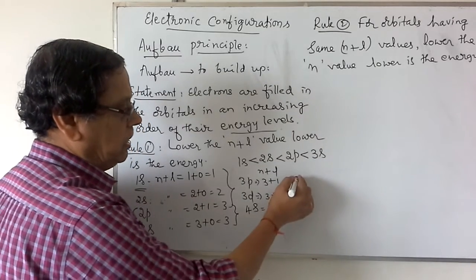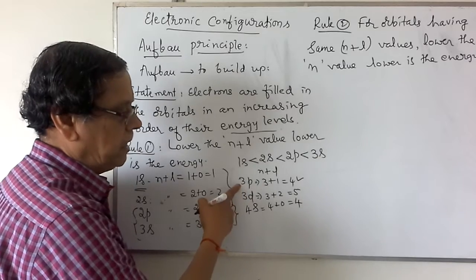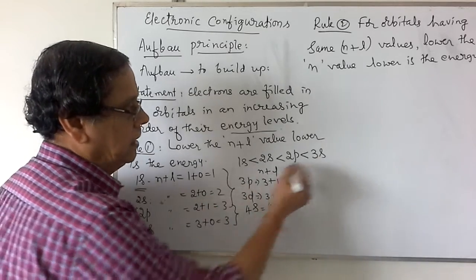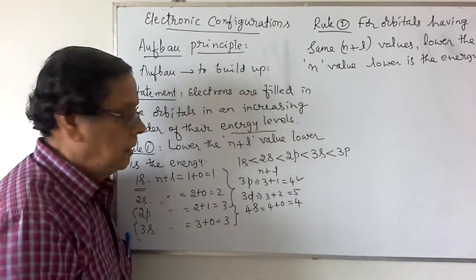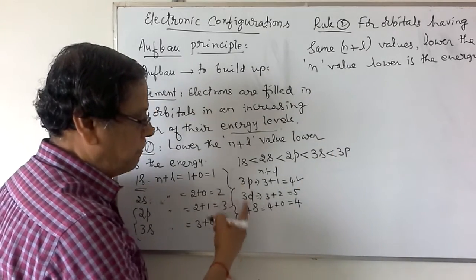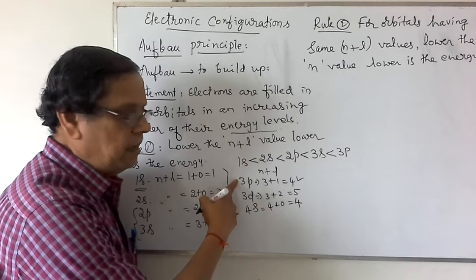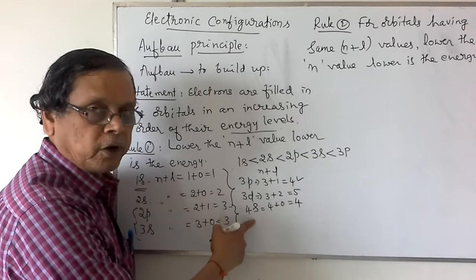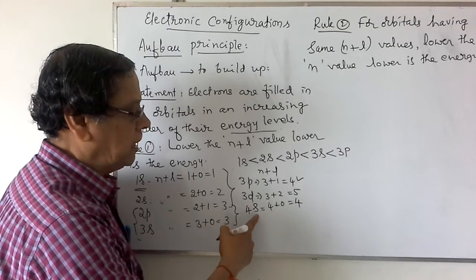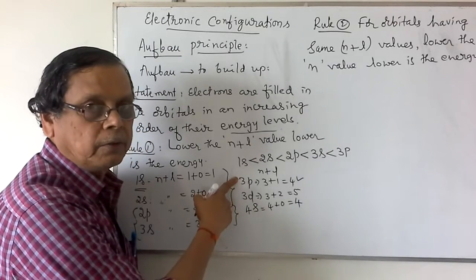Now 3p has the lower n plus L value as compared to 3d. But between 3p and 4s, just observe that the n value for 3p is 3 and for 4s it is 4. That's why the 4s orbital has higher energy than the 3p orbital.